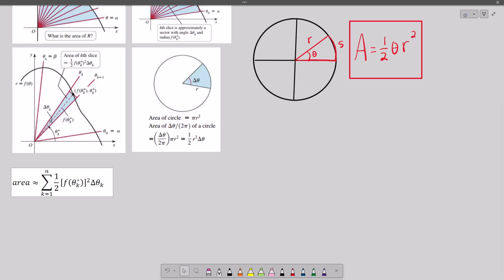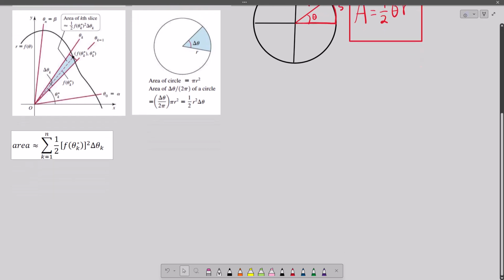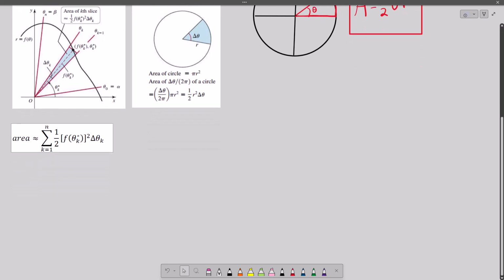You do a delta x. They're getting tinier and tinier. Here, our incremental variable is theta. As theta gets tinier and tinier, our sector gets tinier and tinier. So theta is going to be the incremental variable. That's going to turn into a d theta when we take the limit. And so the approximate area is this, 1/2 theta r squared.